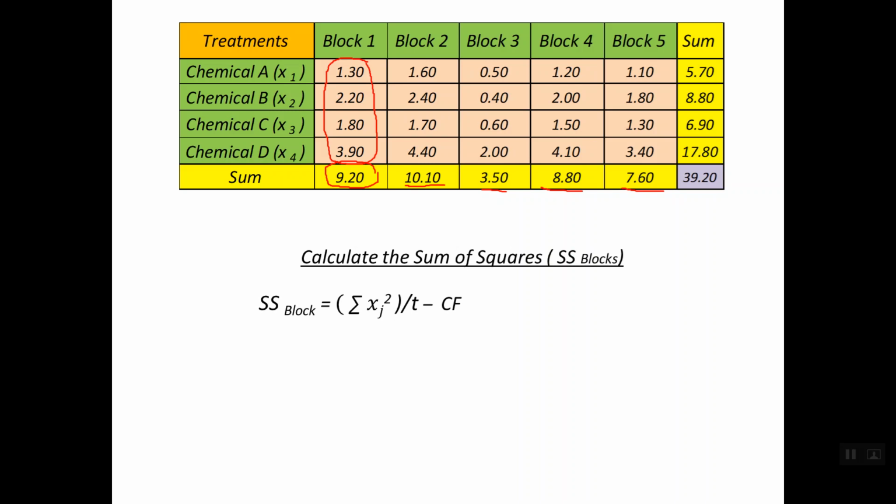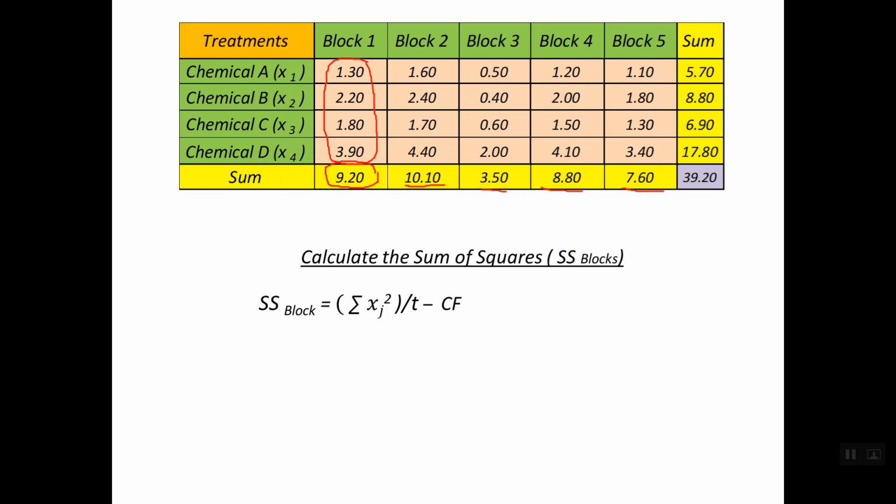So we should square all of these 5 values and make the summation and divide it by T. T here represents number of treatments.